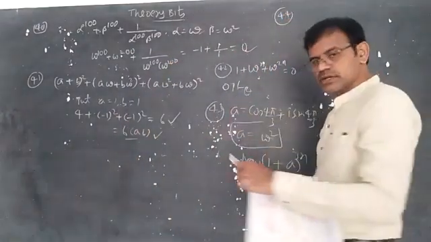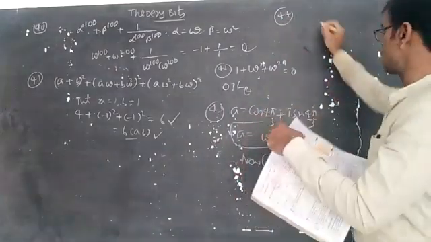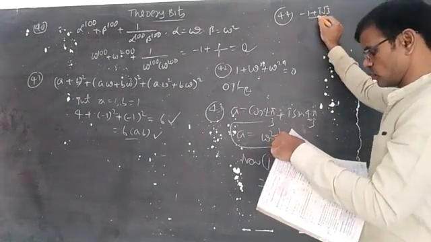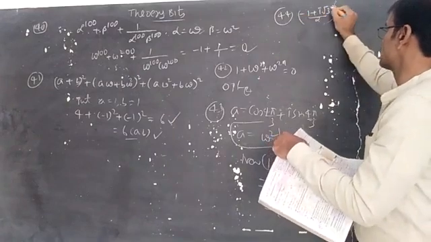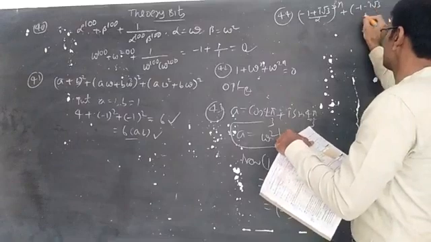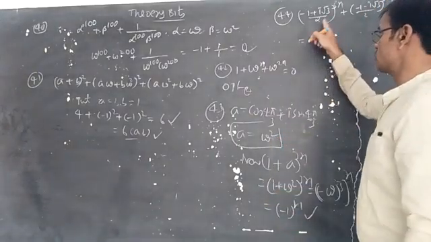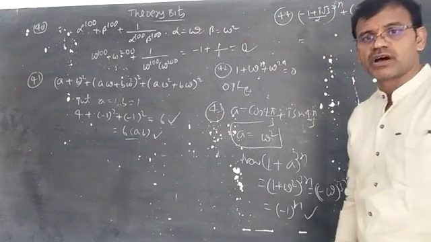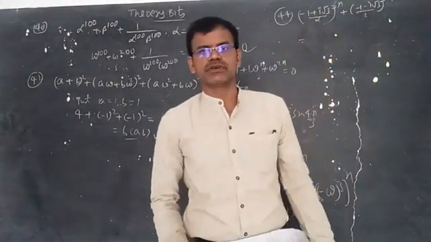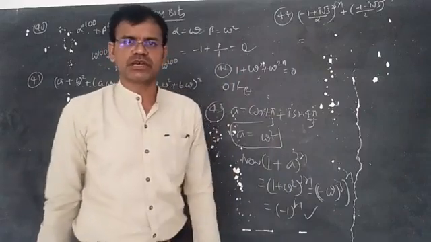Now the theory bits, 44th question. The value of minus 1 plus i root 3 whole by 2 whole power 3n plus minus 1 minus i root 3 whole by 2 whole power 3n. Students, you should not forget the value of omega. The general notation of omega is minus 1 plus i root 3 by 2, and the general notation of omega square is minus 1 minus i root 3 by 2.